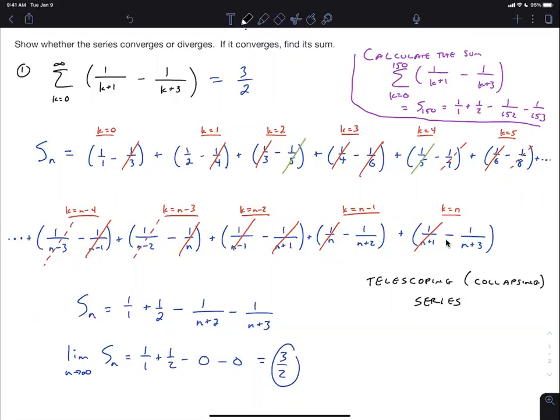The reason is that any nth partial sum does have leftover terms, and these terms at the end determine whether or not the sum converges. Because these went to 0, this sum did converge. If these did not go to 0, then it's possible the sum diverges or goes to something else.